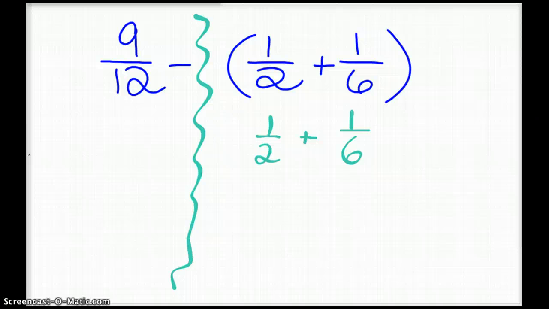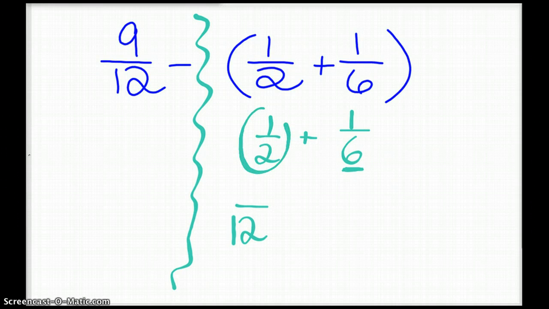We're going to multiply the bottom and top by the opposite denominator. So if this is my opposite denominator, what am I going to multiply that with? 2 and what? 12. Because I'm going to multiply it with these over here. So 6 times 2 is 12, and 6 times 1 is 6.